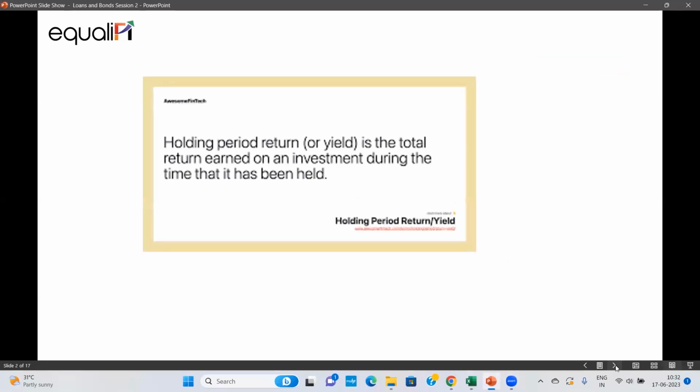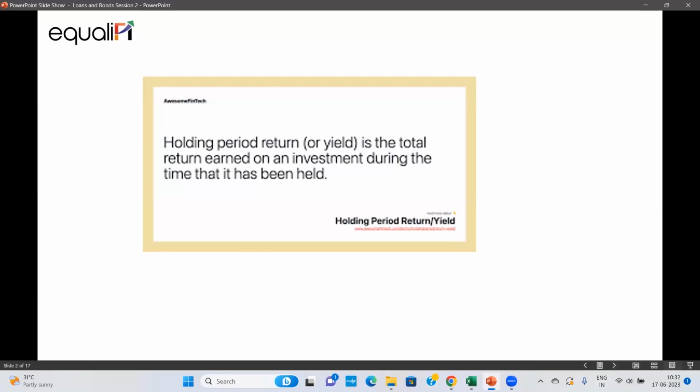So we start with holding period return, which is the total return earned on an investment during the time that it had been held. So if I am holding an investment for 5 years, 10 years, or 15 years, whatever total amount that I am earning on that investment is holding period return.